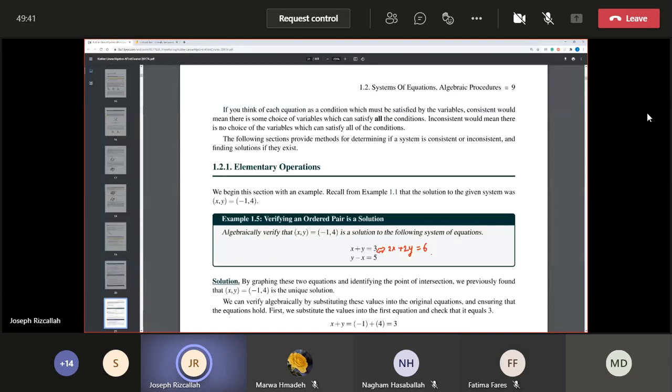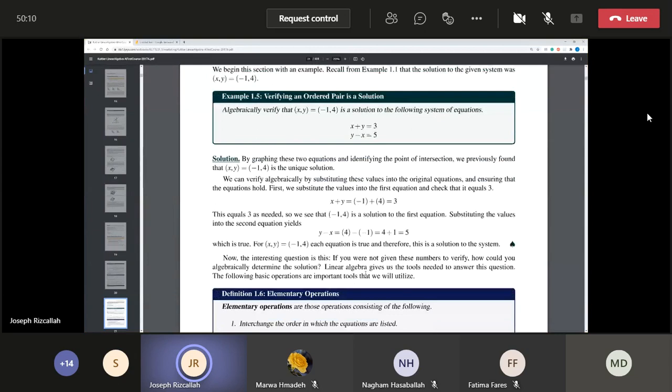So one thing is to switch the order. The other operation is to multiply an equation by a number. And the third operation is to add or subtract an equation from another one, or add it to another equation, right? These are the 3 operations. And it turns out that by performing these operations in the right order, you can always solve any system of linear equations. And this is what we're going to show next.